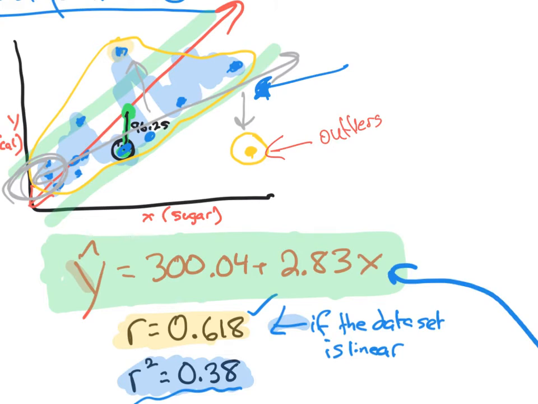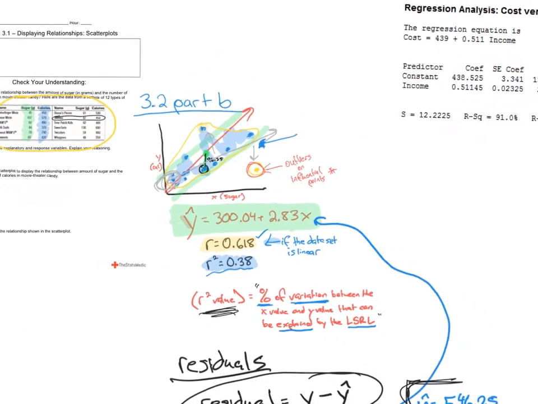And then sometimes we have ones that are called influential points. Outliers really lie above or below the line and aren't really going to shift it too much. But influential points, man, those are ones like this that are really going to make that least squares regression line shift quite a bit. So that would be my influential points there.